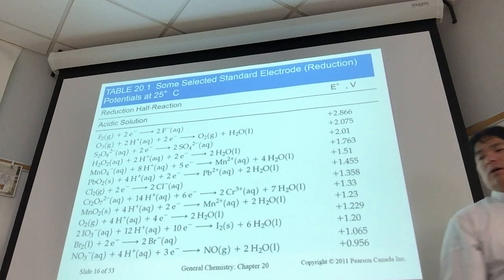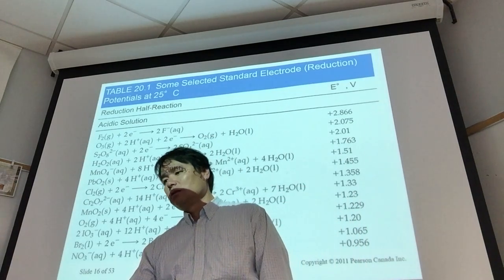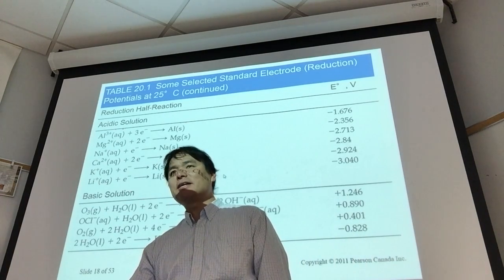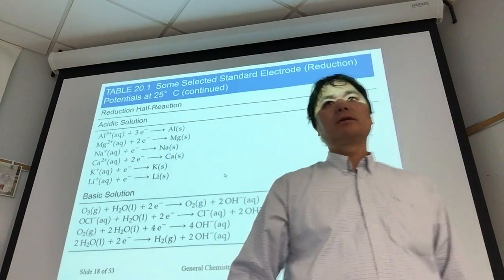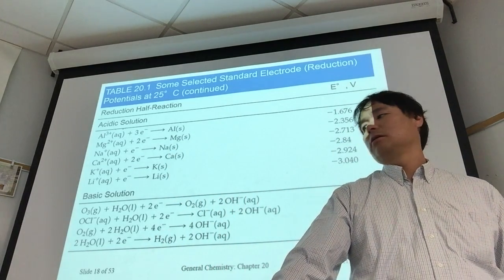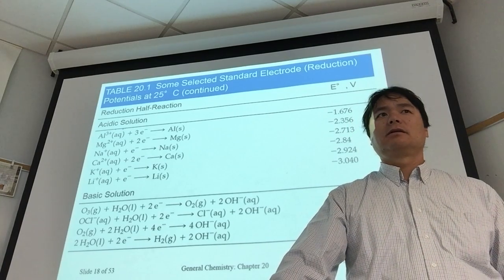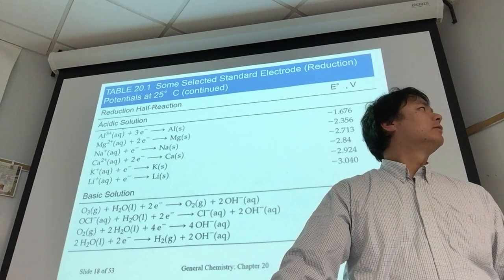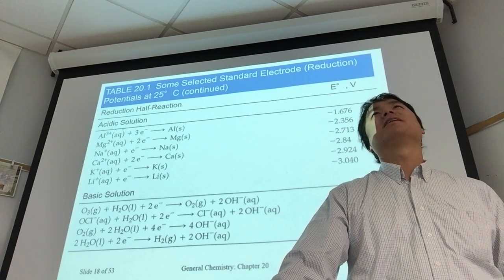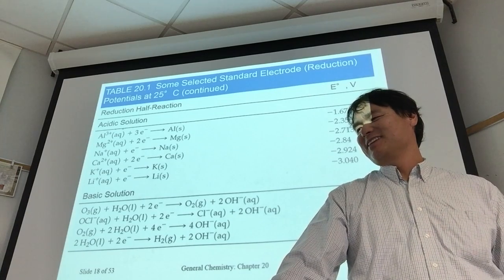Okay, what's the highest reduction potential on this chart? Negative 3.04. No. Try again. Sorry, what is the highest reduction potential on this chart?